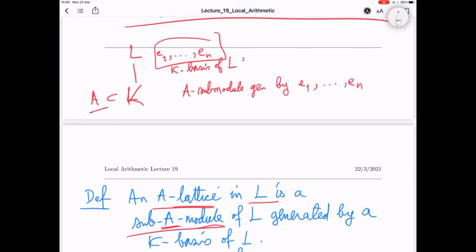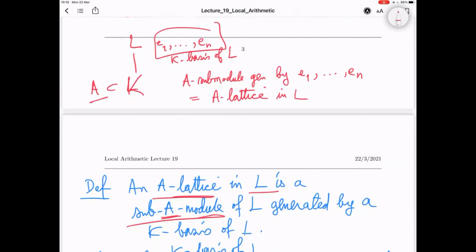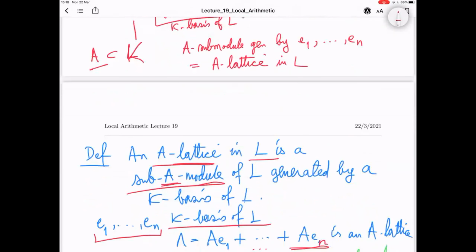Such a thing is going to be called an A lattice in L. An A lattice in L is a sub A module generated by a K basis of L. Okay, so that's my definition.